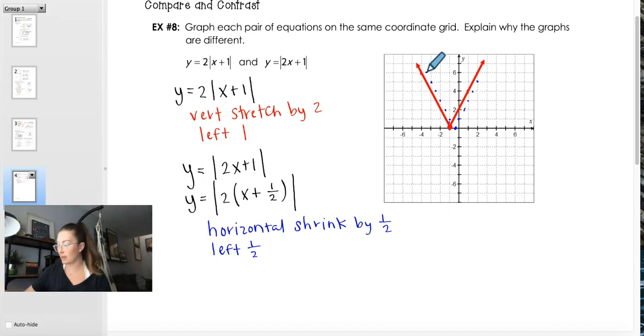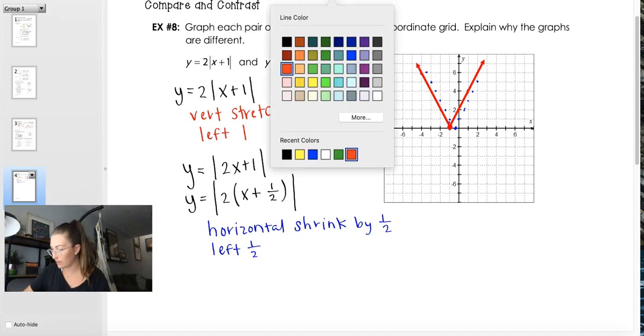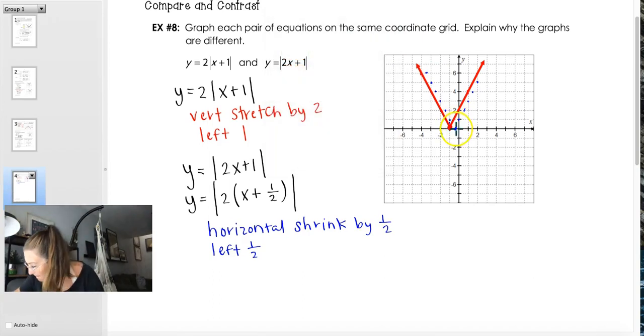All right, let's go ahead and connect these. All right, and then that's what the other one would look like.